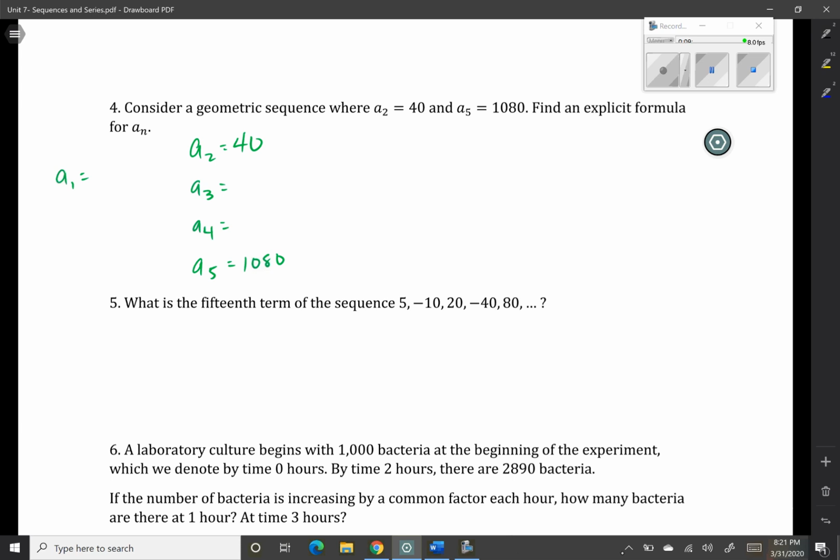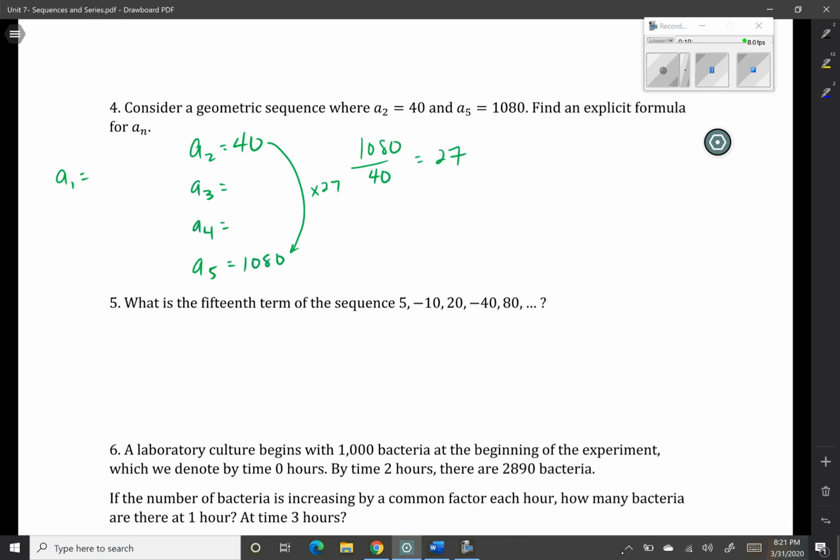Because this is a common multiplier, to undo multiplication, we use division. So if I take the fifth term, 1080, and divide it by 40, I get 27. So that means I would multiply 40 by 27 to get to 1080.